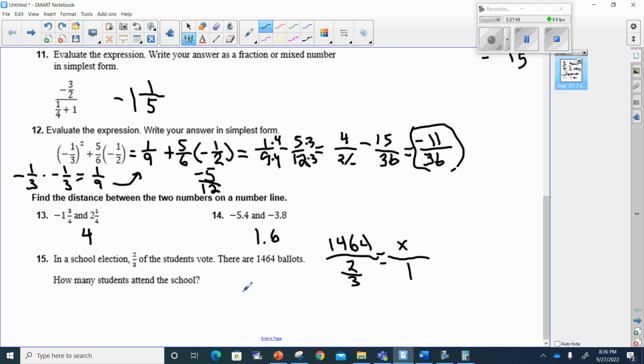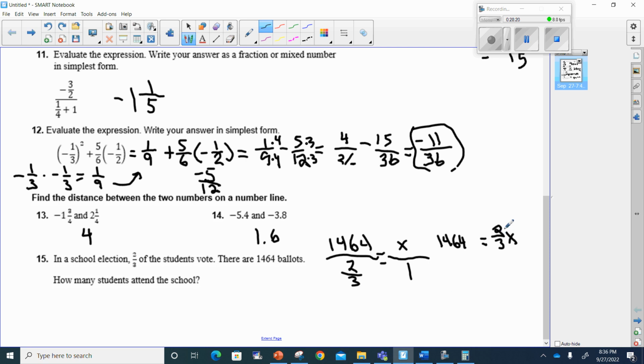This is going to give me 1464 times 1 has to equal 2/3 times x. I already know that 1464 times 1 is going to give me 1464, so I can just erase this part. Anything times 1 is itself.